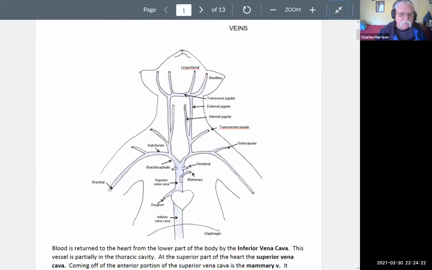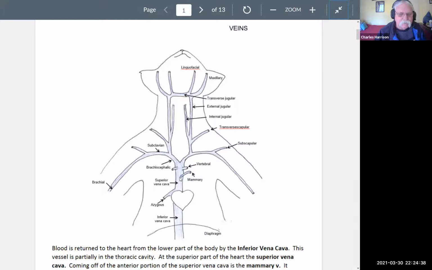This is the mammary vein. Now, some books have other names for it. Internal thoracic vein, all more difficult and not as descriptive as mammary vein, which we want.